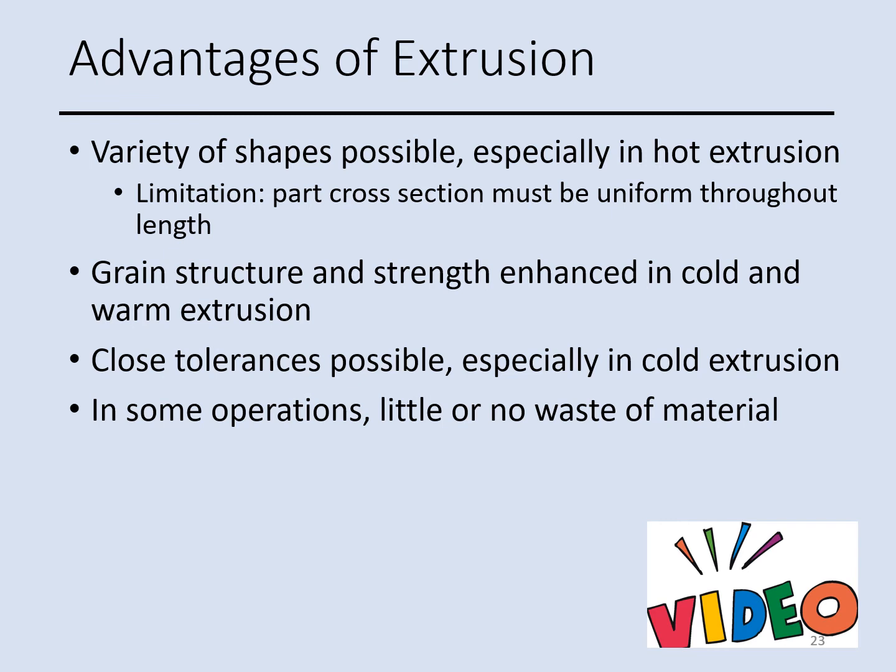You can improve the grain structure in cold or warm extrusion processes. We can have close tolerance when we are working with cold extrusion. In some operations, we have little or no waste of the metal.